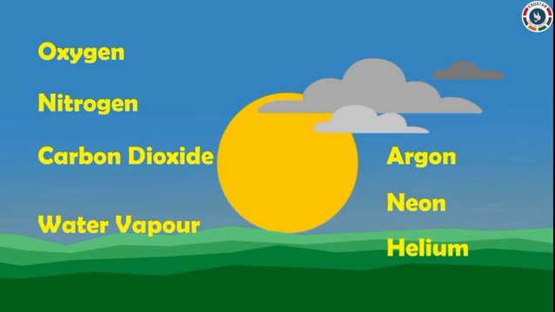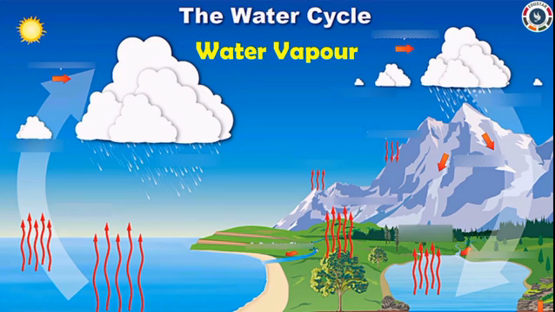Apart from these gases, the air also contains water vapor. Water vapor is formed when water evaporates from the surface of water bodies such as seas, rivers, and lakes. The amount of water vapor present in the air at a given time is called humidity. Dear children, what is humidity?